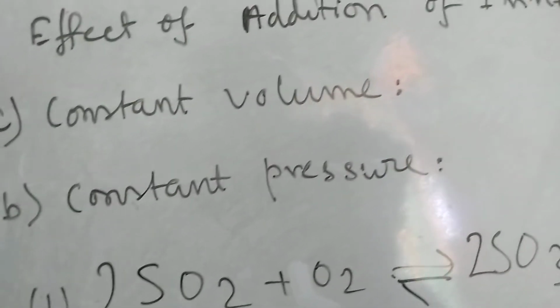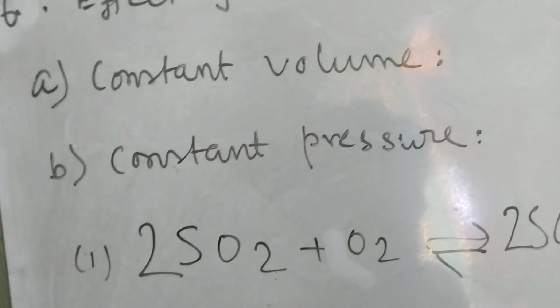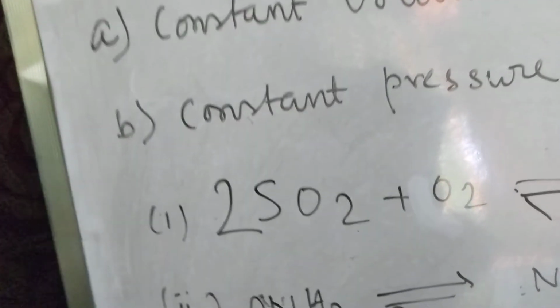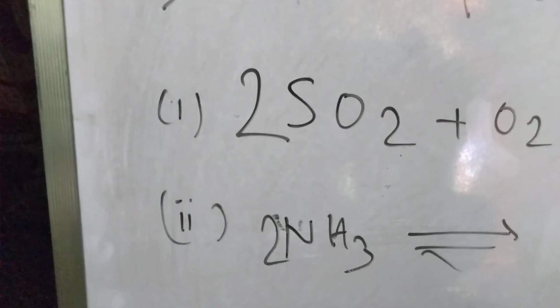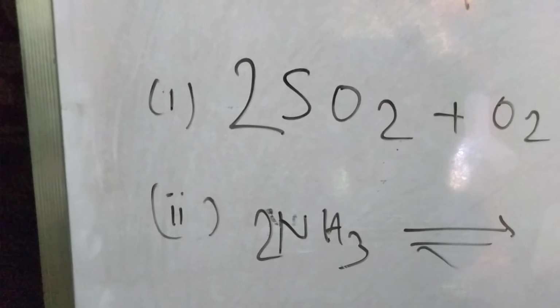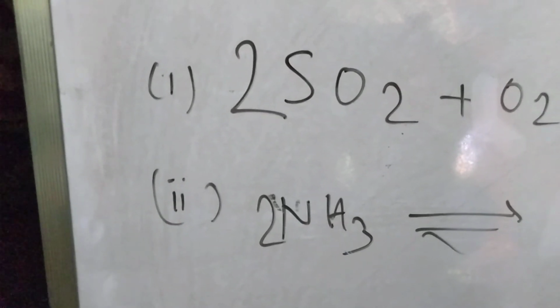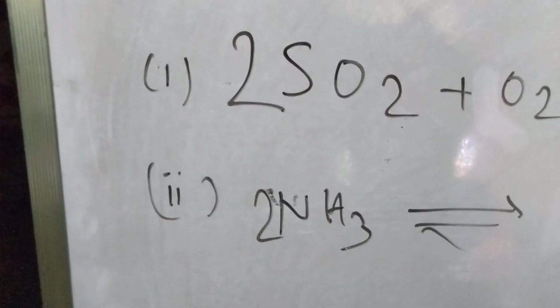But addition of inert gas at constant pressure increases the volume. If the volume increases, that means the reactant and product concentration decreases.